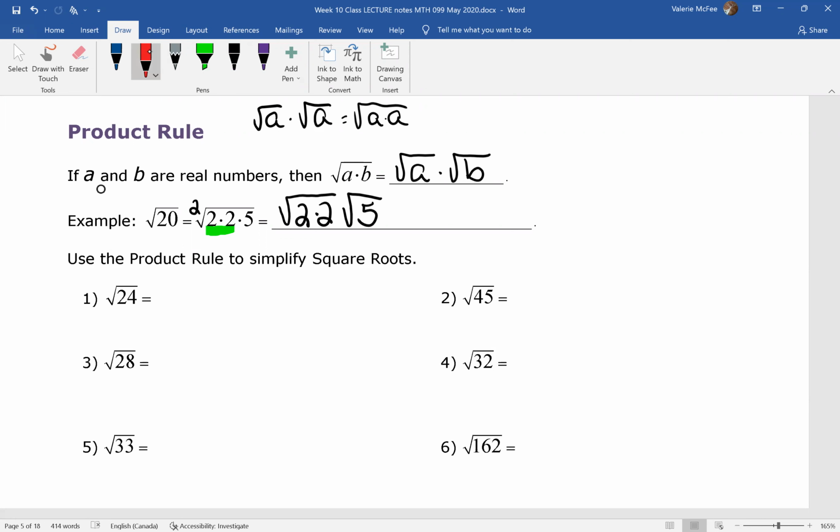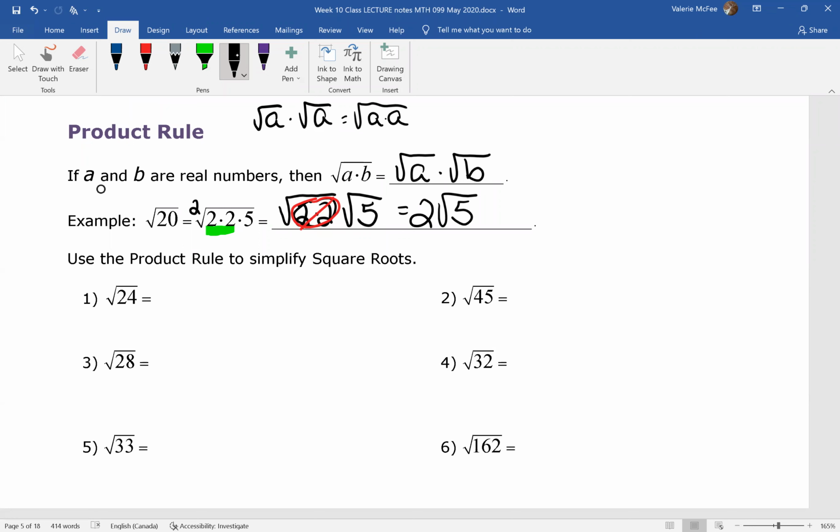Well, we know the square root of 2 times 2 equals 2. We're left with a root of 5. So you see, we're simplifying radicals. We're not changing them to decimal form, but we're taking out all of the factors where there are 2 the same because our index is 2.